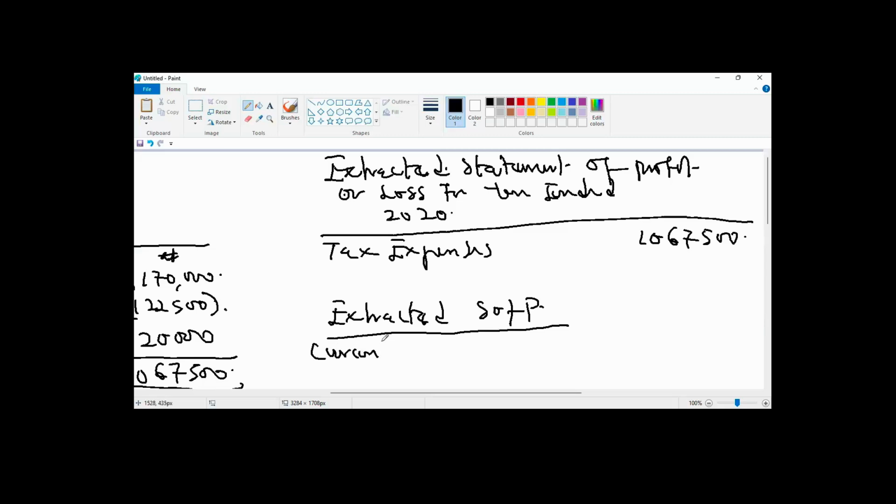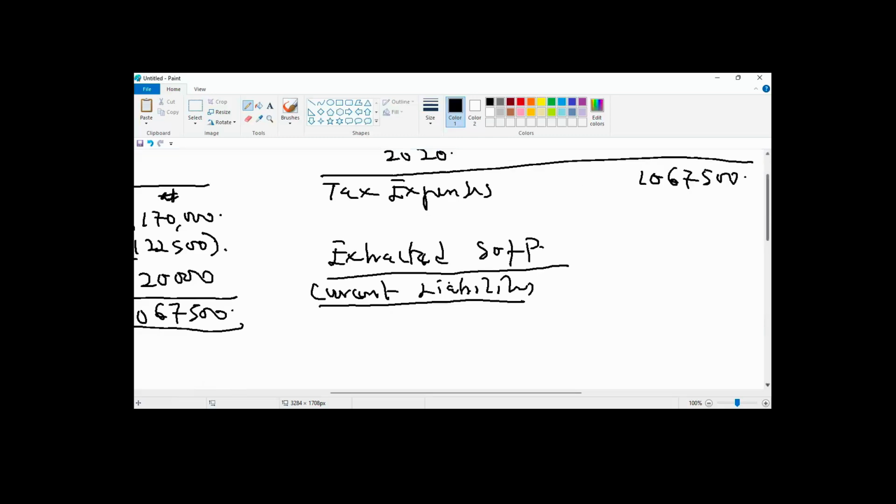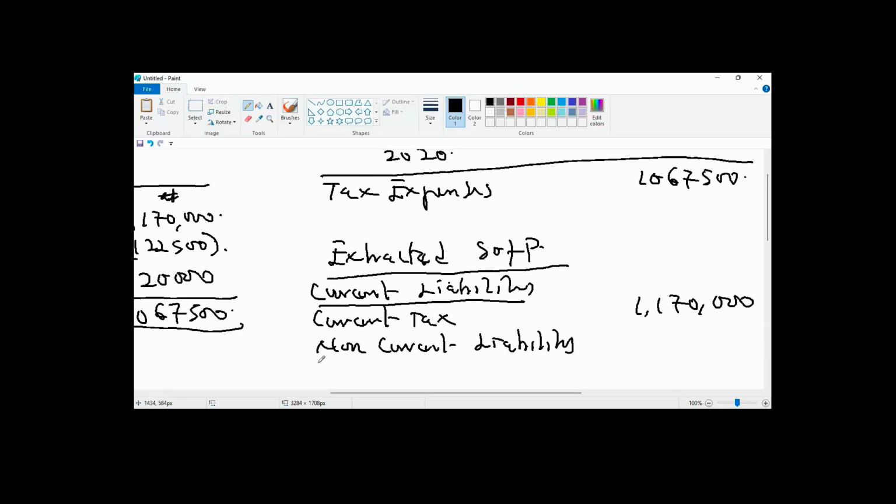Current liability. Current tax: $1170. No current liability. Deferred tax.